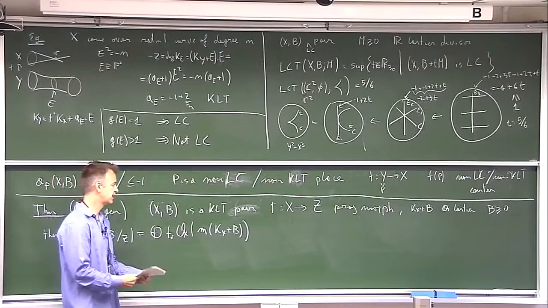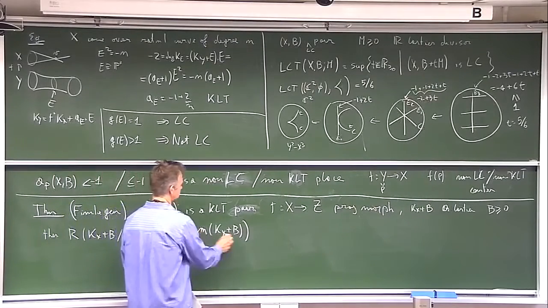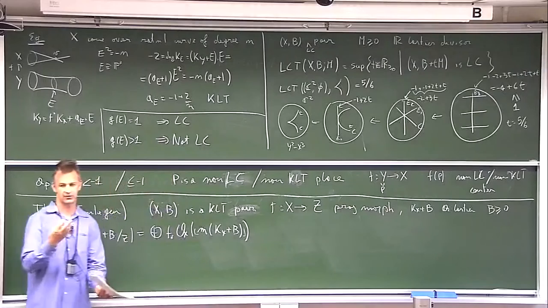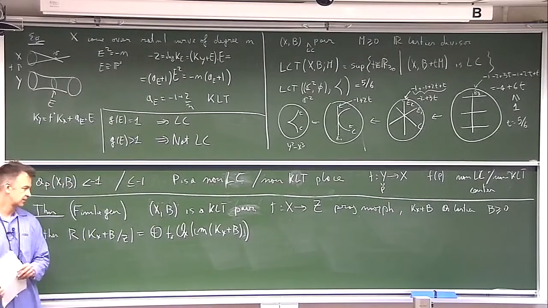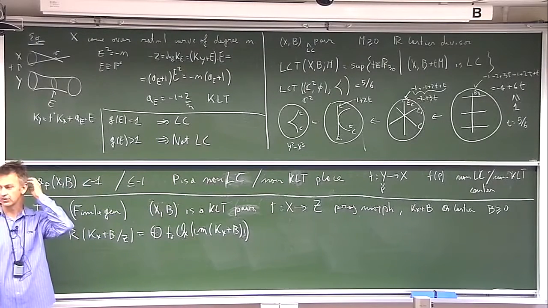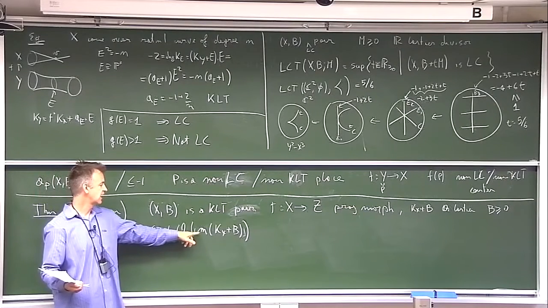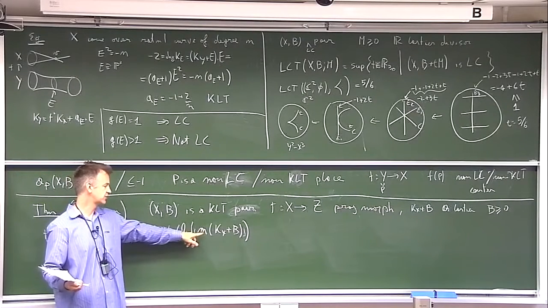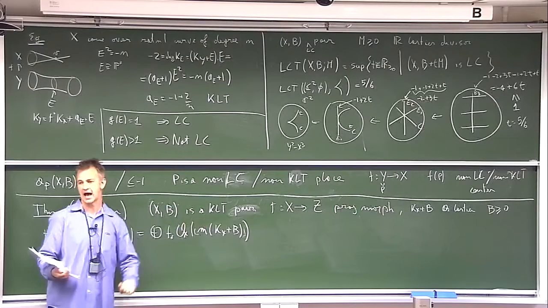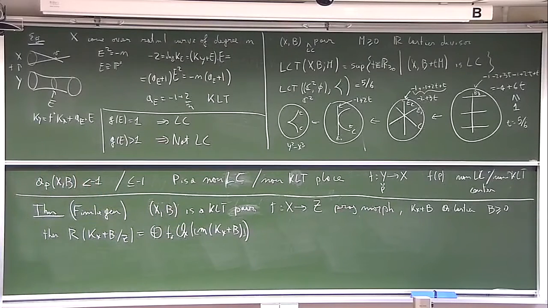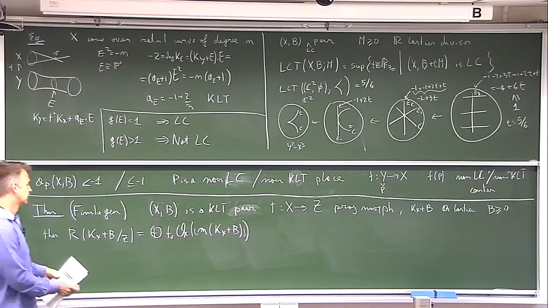Well, you just round down those coefficients, take the greatest integer that's less or equal to that. If you think through the definition, that's what it automatically means. Or you can just think of this object as only being defined for m sufficiently divisible so that it is actually an integral divisor. So if this is the first time that you run into this, you just want to think of those as being integral divisors.